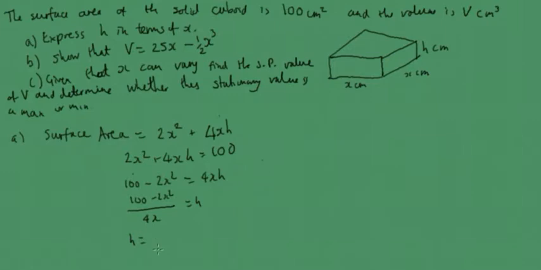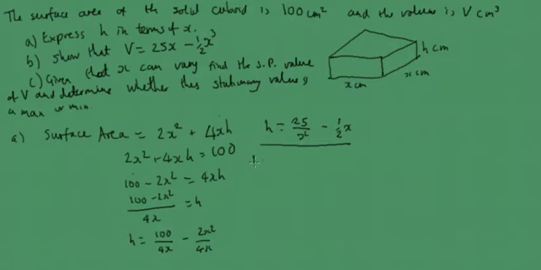So it would be 100 over 4x minus 2x squared over 4x, and simplifying that down, h will be 100 divided by 4 is 25 over x minus, so the 2 is going to cancel and that x will be cancelled, so it's going to be half x there.